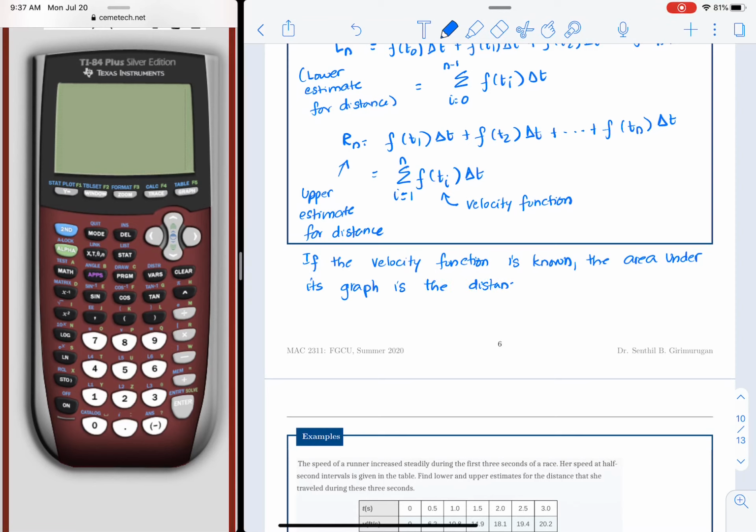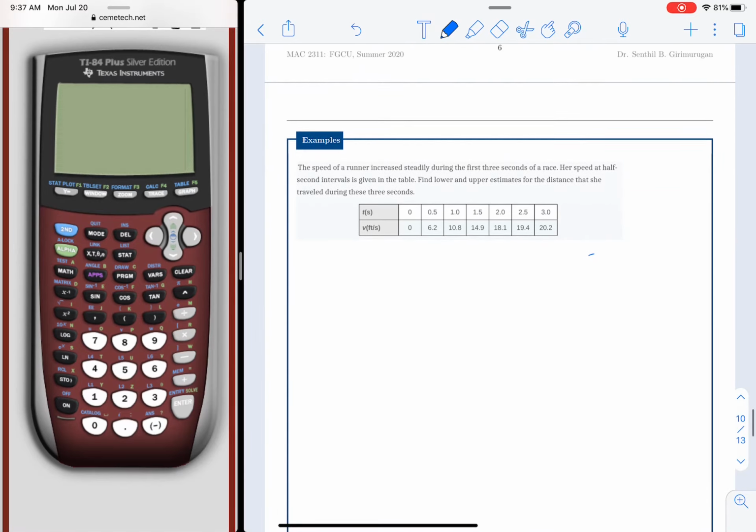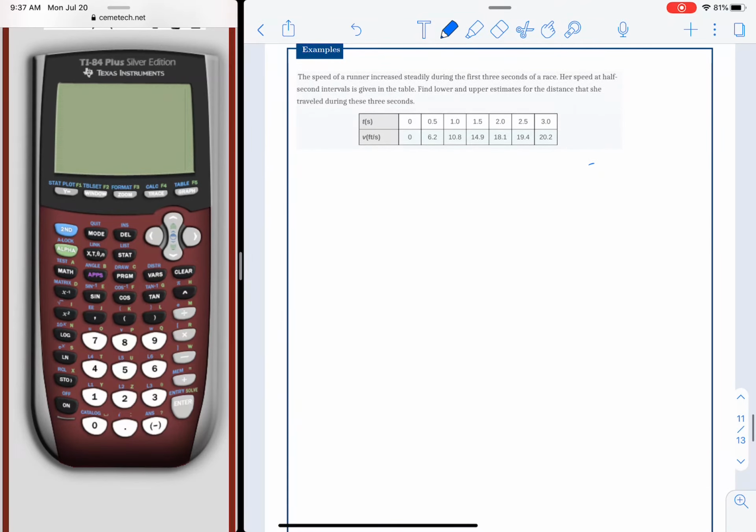So you can see that the distance problem is also a motivational example for integrals. By finding the area under the curve for a velocity function, we are pretty much finding the distance. So here is an example.